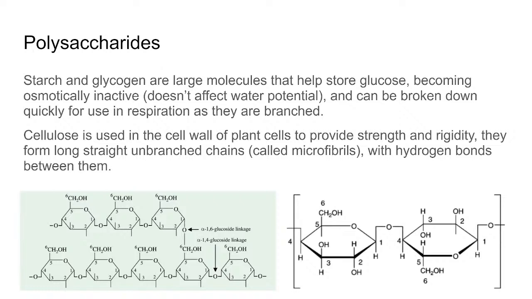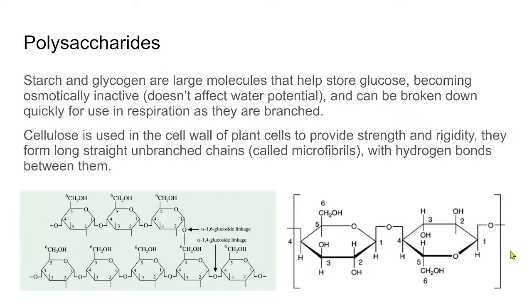They're broken down very quickly because they've got many branched ends. This is because they form not only 1,4 bonds, as shown on this bit here, they form 1,6 bonds as well. So they can be hydrolyzed very quickly to produce glucose, which can be used for respiration energy.